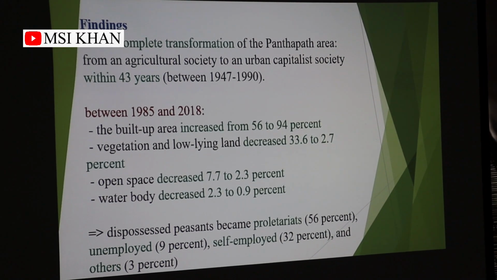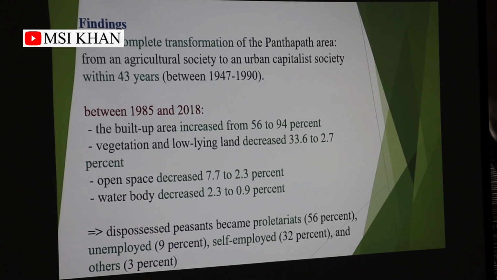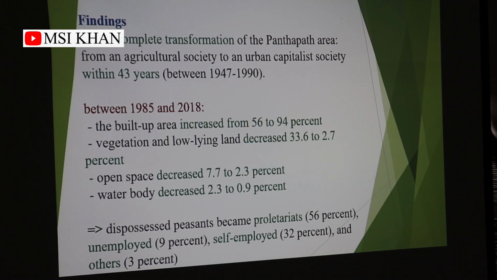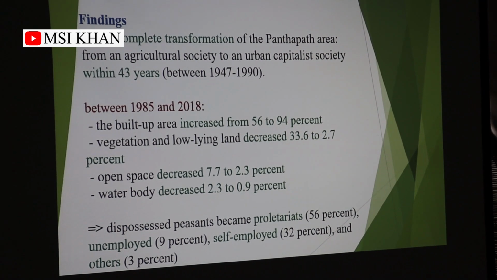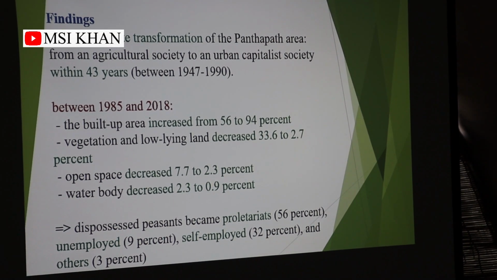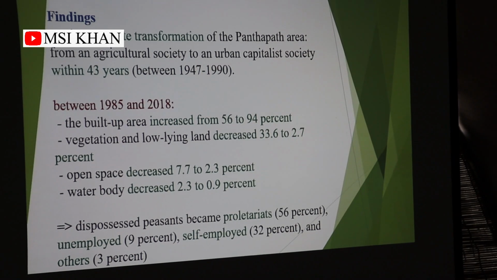Open space decreased from 7 to 2%. Water body decreased from 2 to 0.9%. If you ask me how I calculated this, I used Google images from 1985, and also a land use survey.